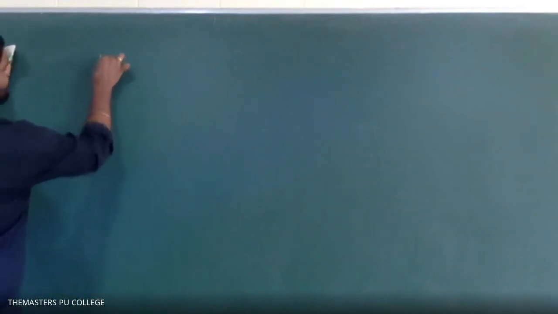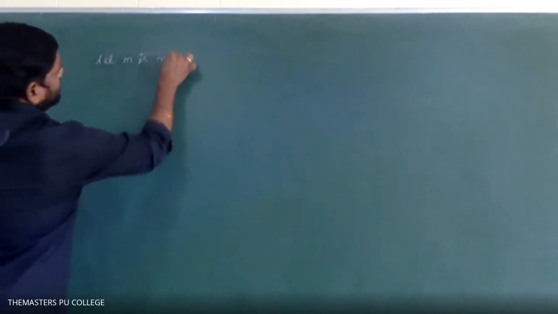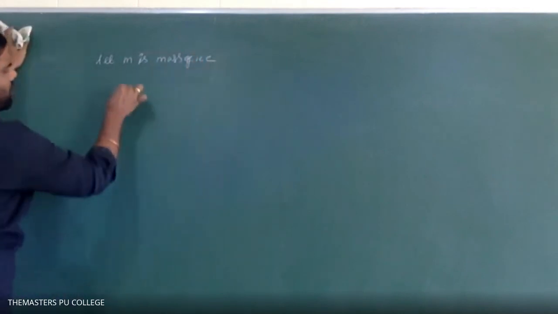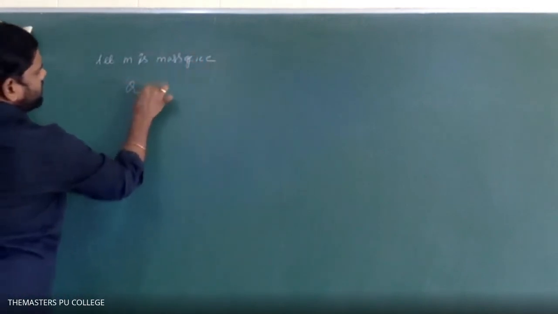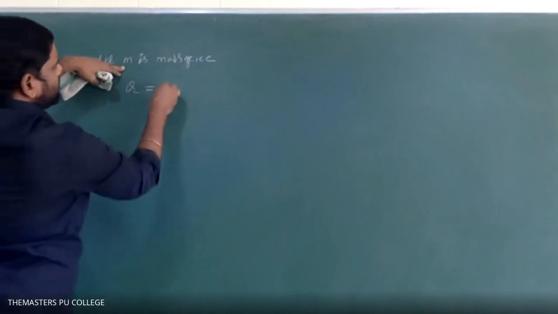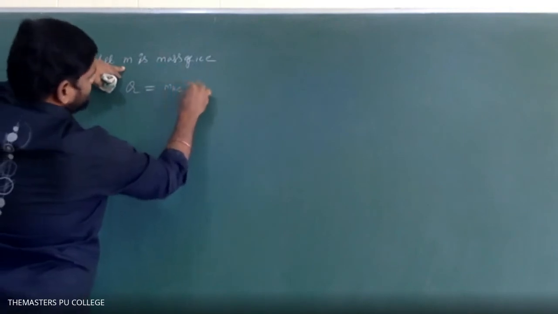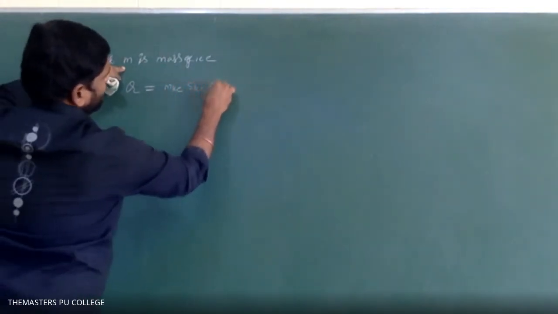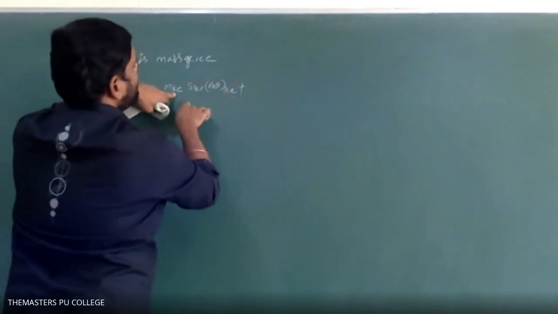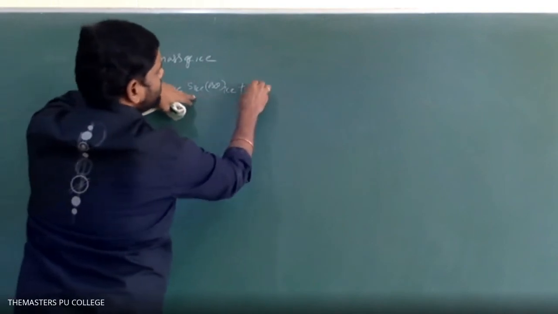So therefore, let m be the mass of ice. Then the supplied heat Q is equal to the heat required to raise the ice temperature, which is mass of ice into specific heat of ice into delta theta of ice, plus the heat required to melt the ice, where the amount of ice melted was 1 gram.